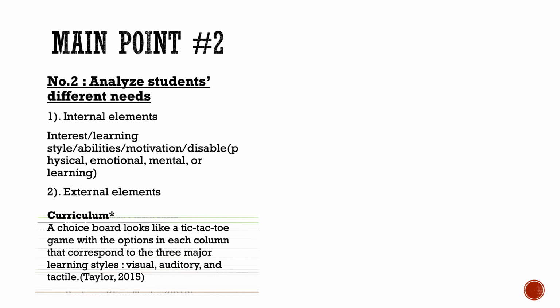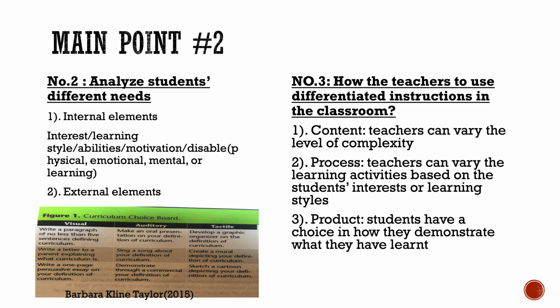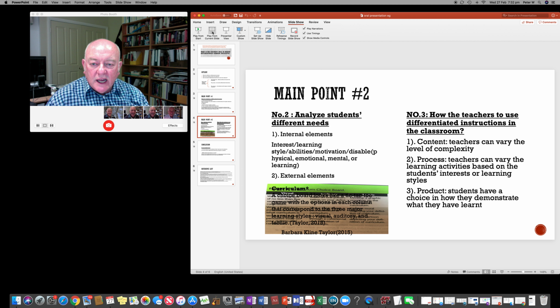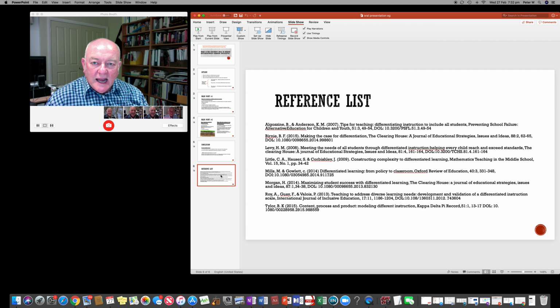I could point out the way that this graphic comes through over the top of the text using an animation. I could talk about point 3, how teachers use differentiated instruction in the classroom, and then when I was ready, I could tap the escape key to come back to the outline presentation and move on to the next slide and onto the references list at the end.